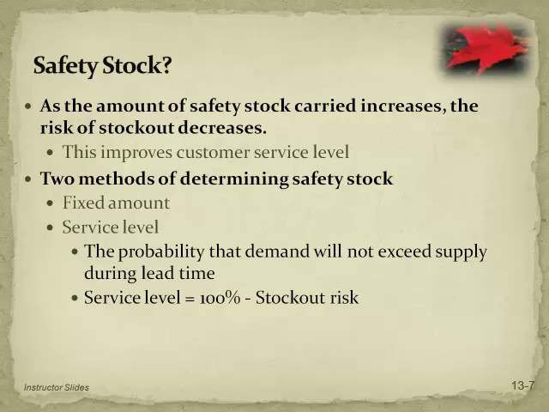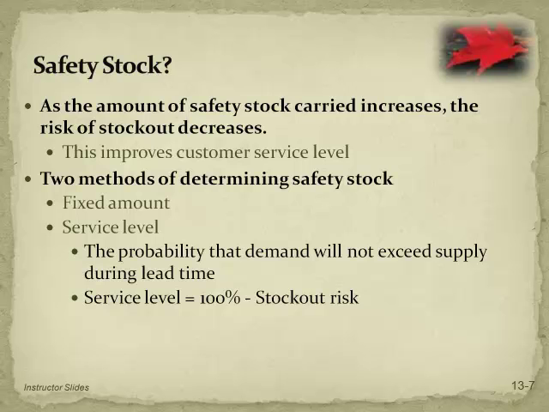So service level can be calculated, and it is 100% minus a stock out risk. So if I'm willing to carry a 20% stock out risk, then my service level would be 80%, 100 minus 20%.